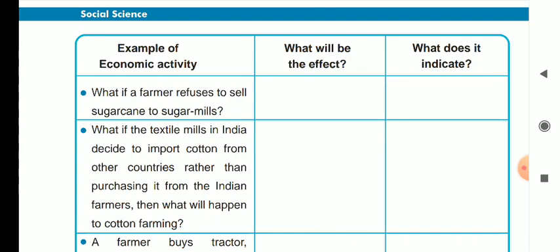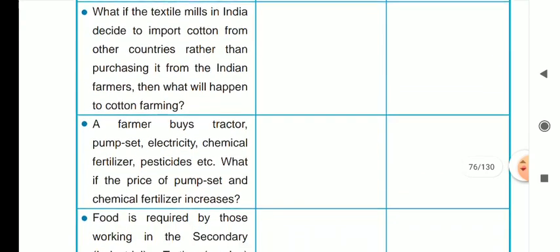Next, a farmer buys a tractor, pump set, electricity, chemical fertilizers, pesticides, etc. What if the price of pump sets and chemical fertilizer increases? The cost of production of primary sector goods will increase.